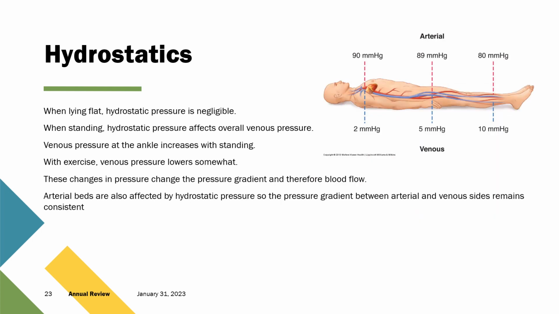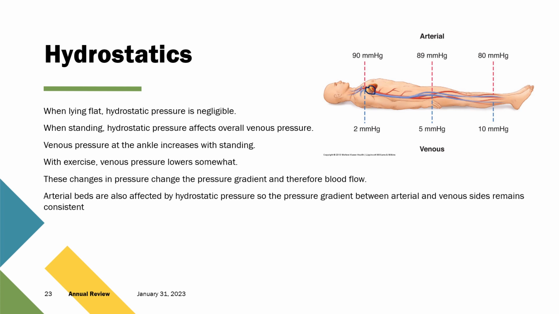Now, if the patient lays down, it's a totally different situation. Our heart is our 0 point, and if our veins lie basically at the same level as our heart, we're all going to have very minimal differences in hydrostatic pressure between our legs, our arms, and our cranial veins.